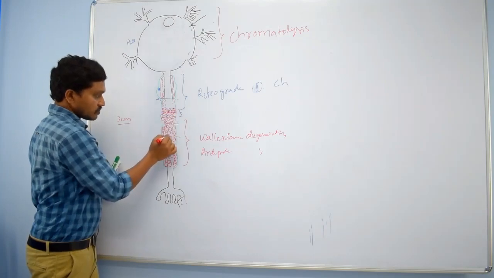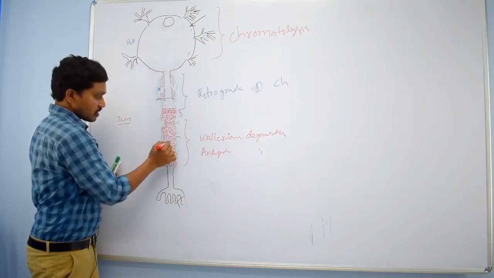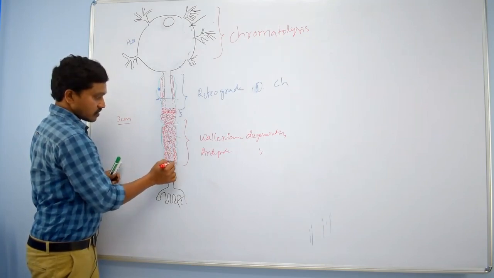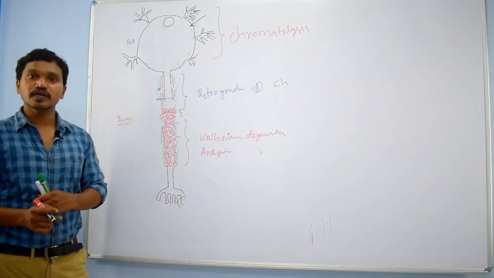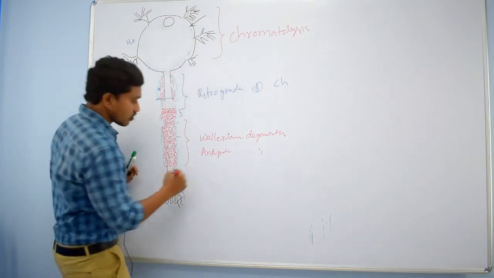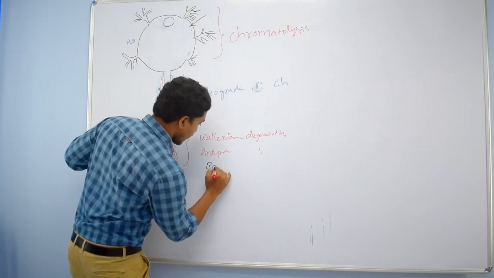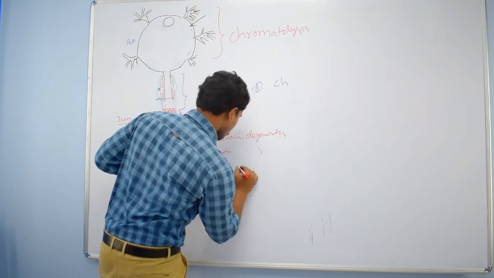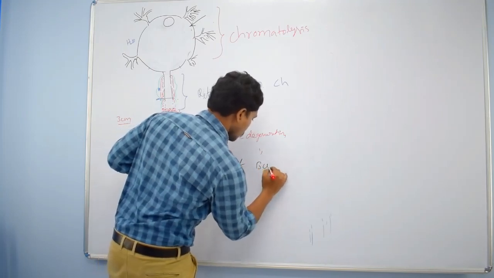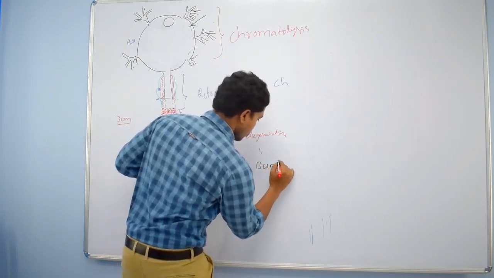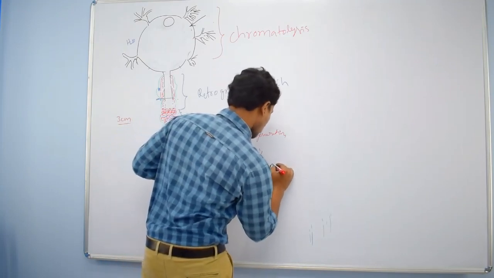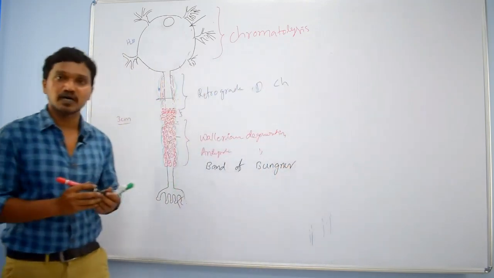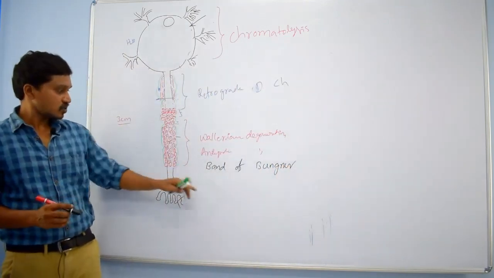At this time, it appears as a nucleated cellular band. See this? It is looking like a nucleated cellular band. This nucleated cellular band we call the band of Bungner, right?